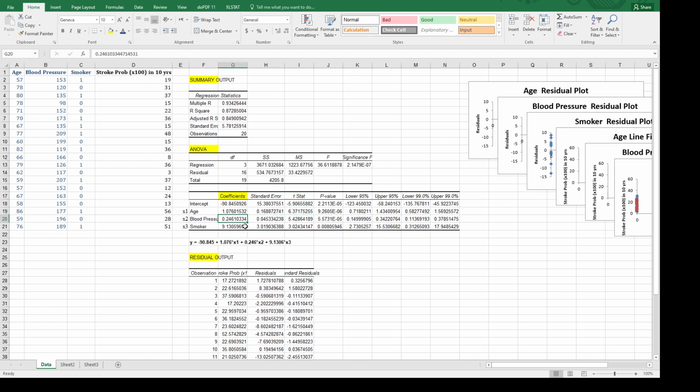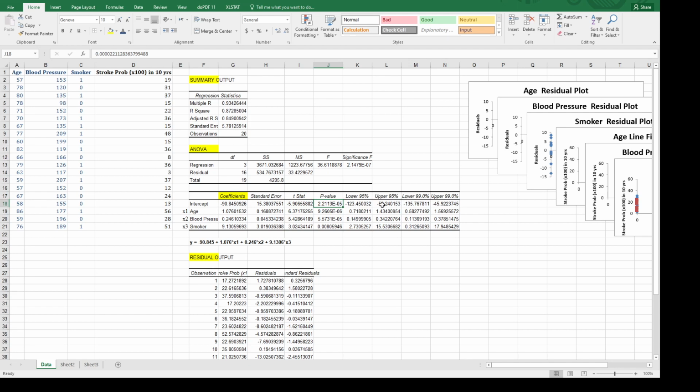And 0.246, that is B2 divided by the corresponding SB2, gives you this. And finally, 9.13 divided by 3.01 gives you 3.024, which is the third t stat for the smoker. That's the statistic that we're going to use. And then the p-value is the corresponding significance probability for this t value. So a t-value of negative 5.9 has a significance of 2.21 e to the negative 5.